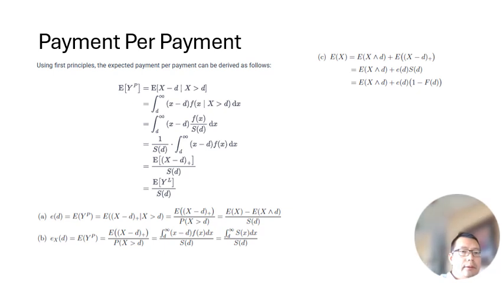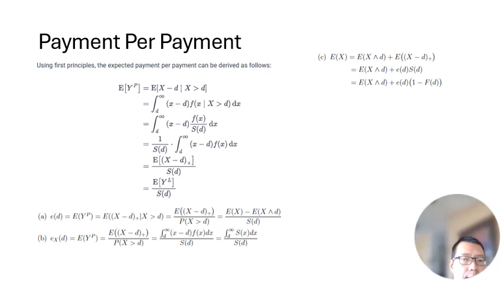So here is the payment per payment expected value calculation. Use the first three principles. You can just write out the expected value of Y^P as equal to the expected value of X minus d, conditioning on X greater than d.